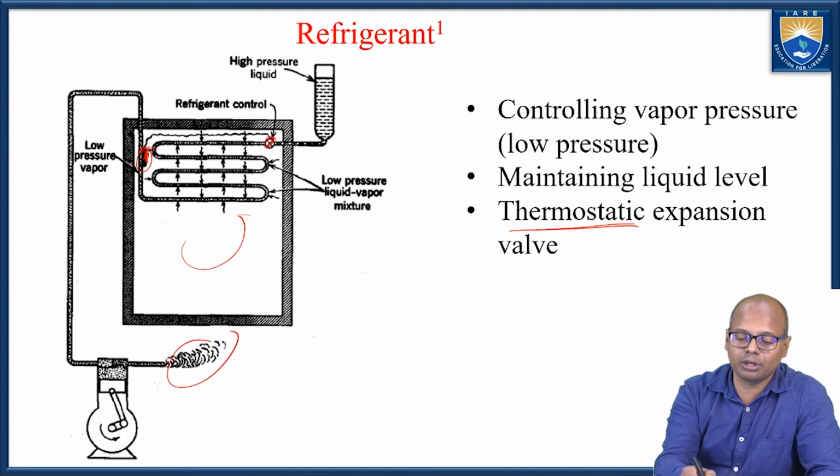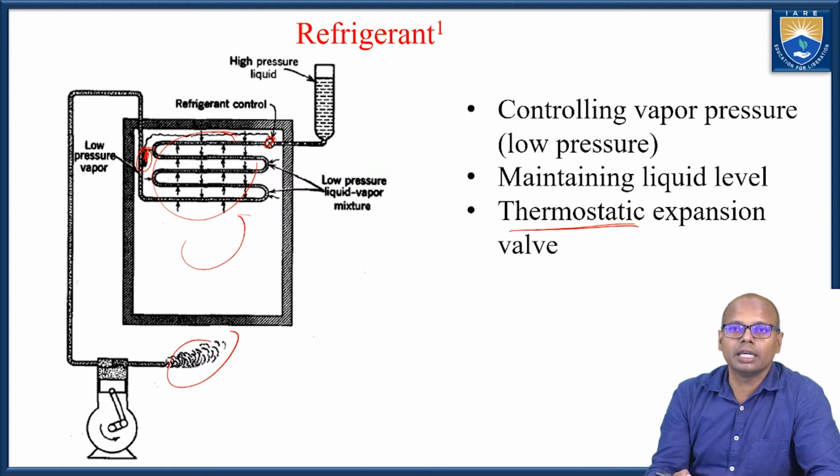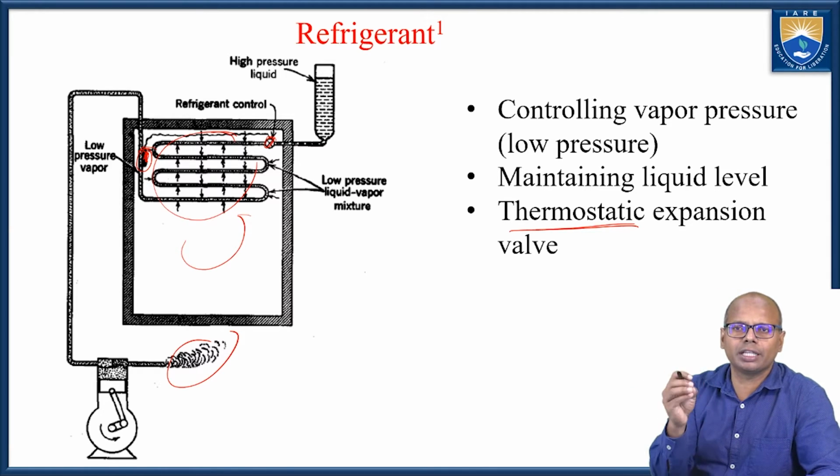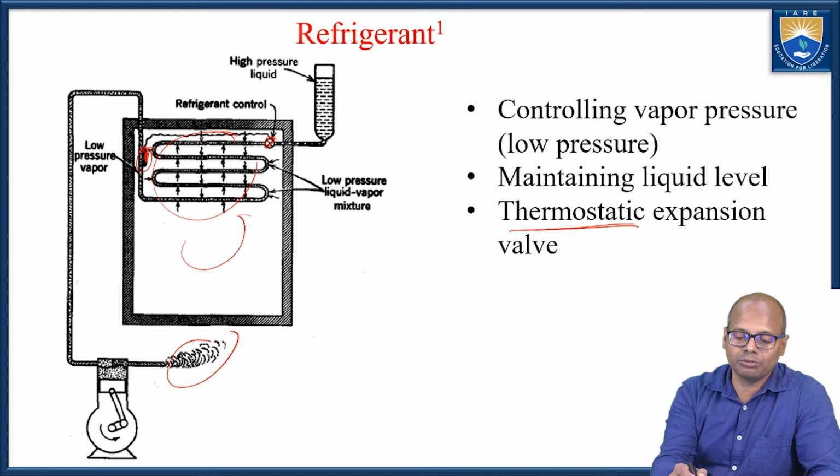This piping system is called the evaporator here. Previously we took a container and tried to maintain the level based on volume control. Now, when we are using a piping system, we use a thermostatic valve which senses the temperature here, opens the valve and allows the fluid to flow through the pipe.